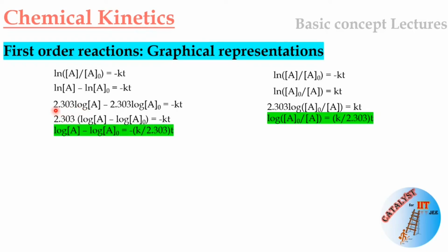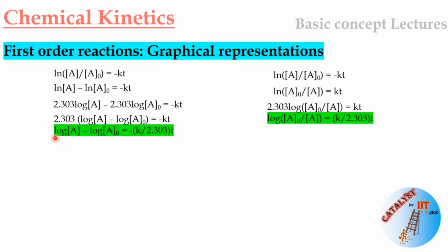So you write it like this: 2.303 log A minus 2.303 log A naught equal to minus kt. You take out 2.303 as a common factor, and finally you get log A minus log A naught equal to minus k by 2.303 t.